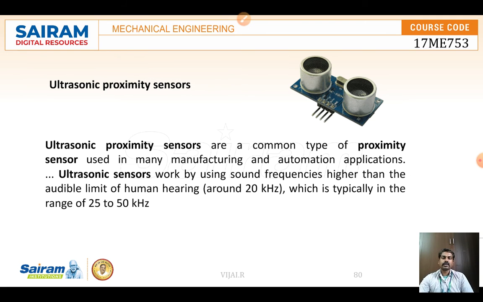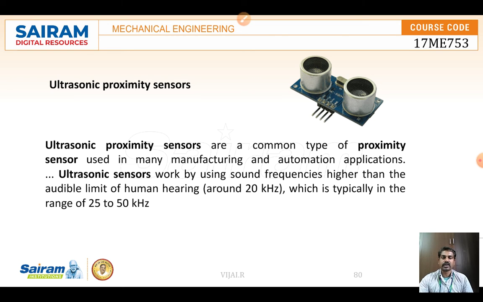Now the ultrasonic proximity sensor is the one where waves are created. Of the remaining types, we have seen capacitive proximity, and inductive proximity earlier. Next one is ultrasonic, where sound waves are produced.